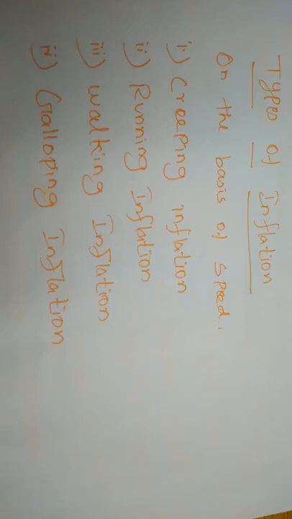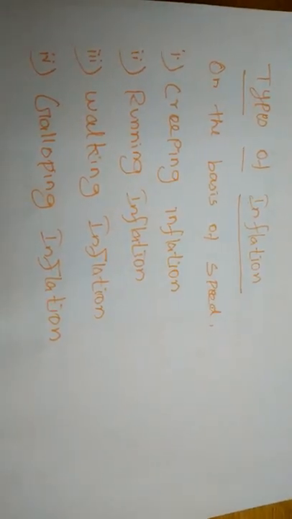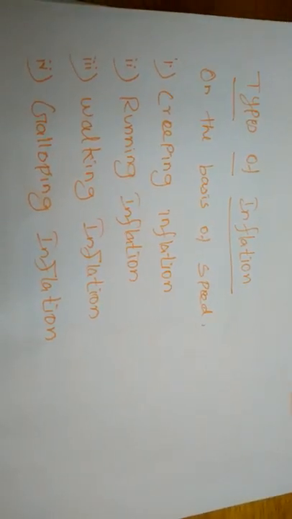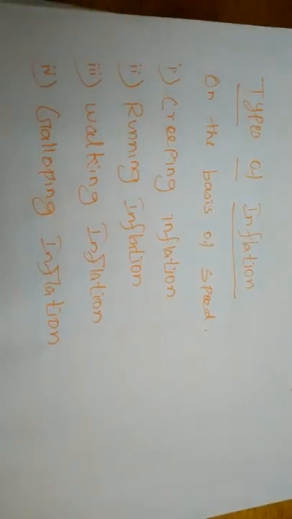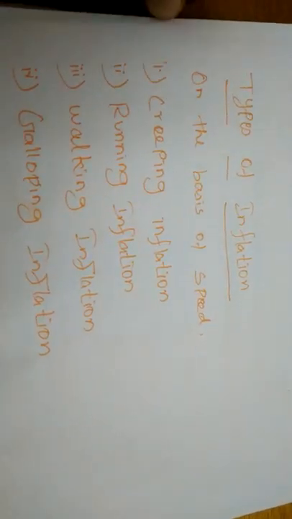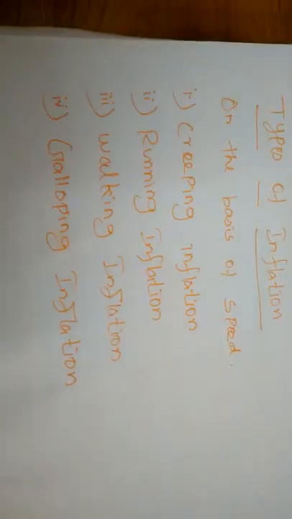Okay. So the price level is increasing by 1 rupee or 50 paise every month, or once in 2 months, or once in 6 months. If the price level is increased like that, that situation is called creeping inflation. Okay. So, creeping inflation.